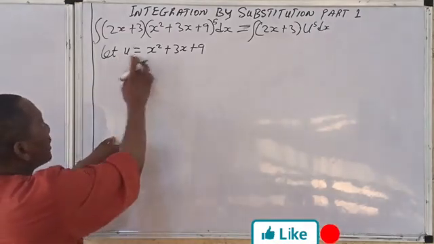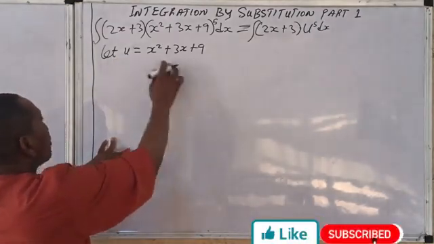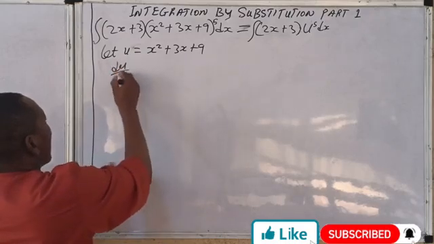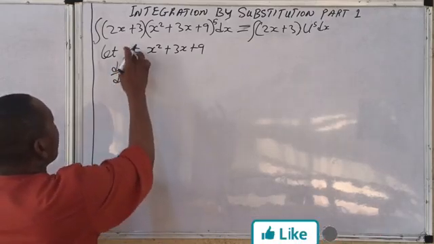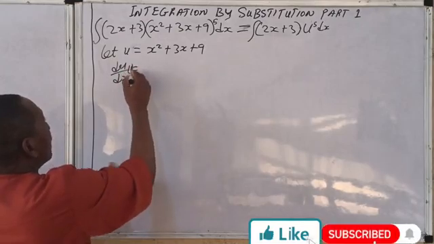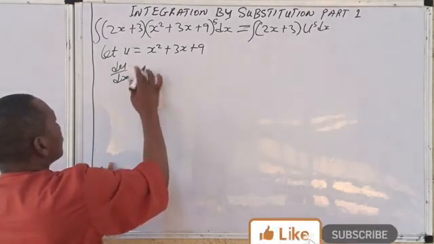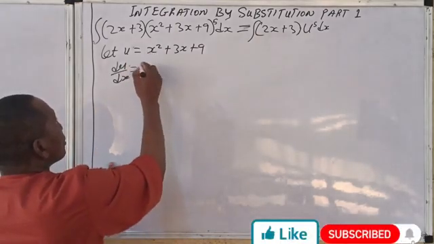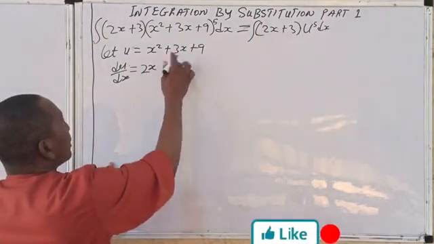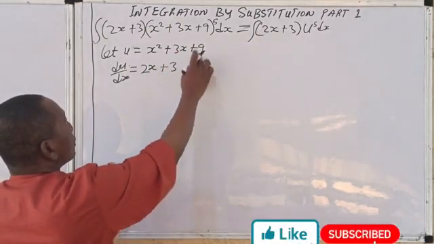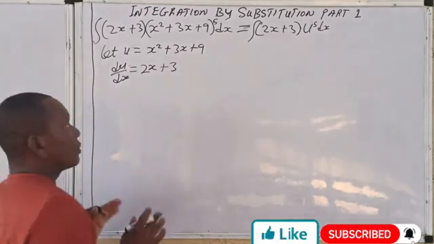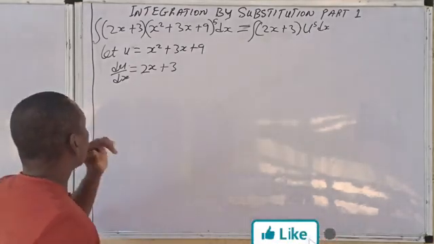Now, once you say let this equal to this, differentiate both parts. So du/dx is equal to, if you differentiate x² you have 2x, if you differentiate 3x you have 3, and if you differentiate 9 it disappears. If you differentiate any constant, definitely it's out.